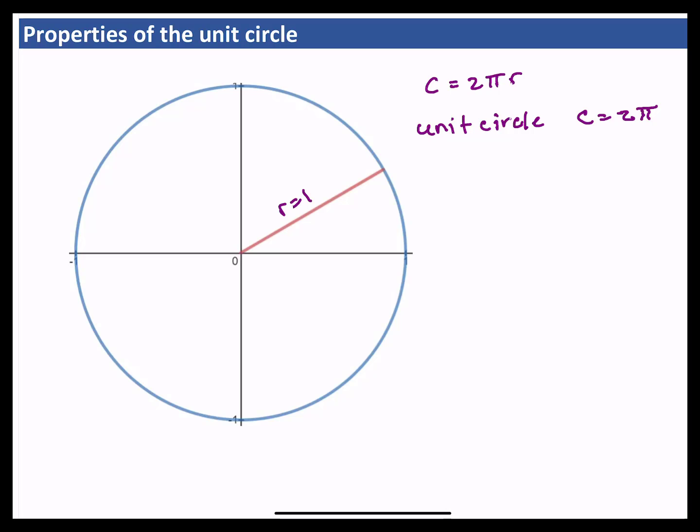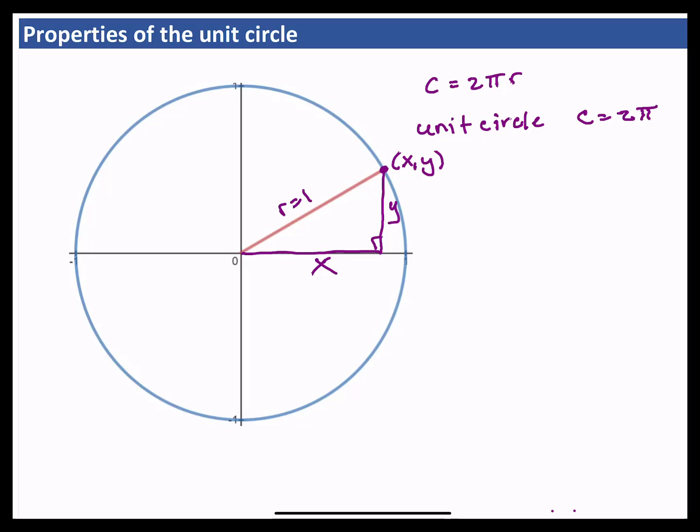Another thing we can recognize about this circle is that for any point that lies on the circle, (x, y), we can think about drawing a right triangle where one of the legs of that triangle is x, and another of the legs of that triangle is y.